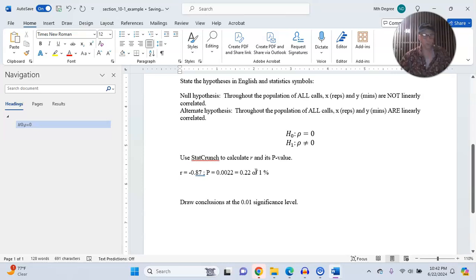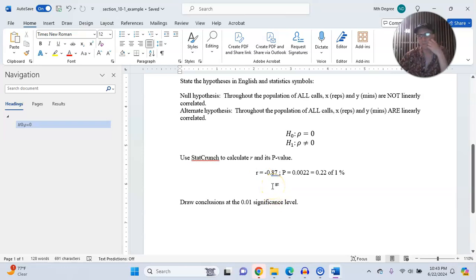Now, StatCrunch will find the numbers for us, but we need to explain what they mean. So let's do the one-dimensional test first. In this case, R is negative, but to figure out if it's significant, we ignore the negative sign. 0.87 is its absolute value.